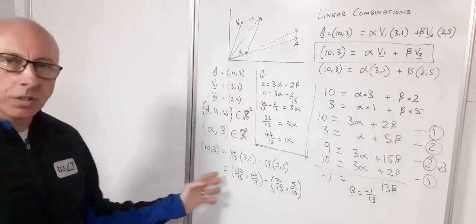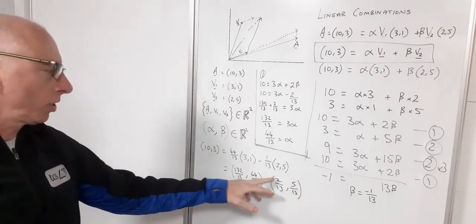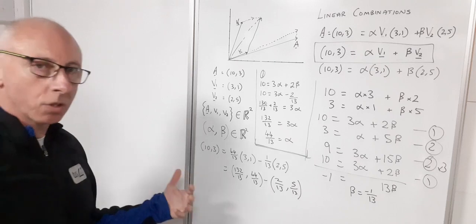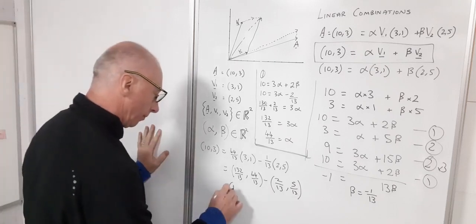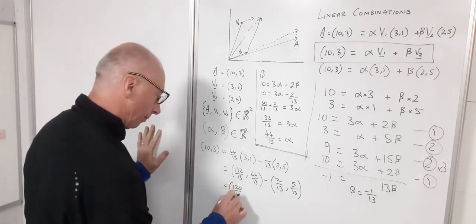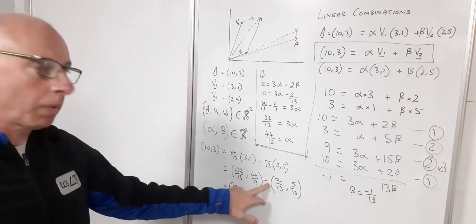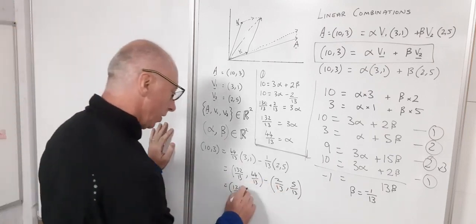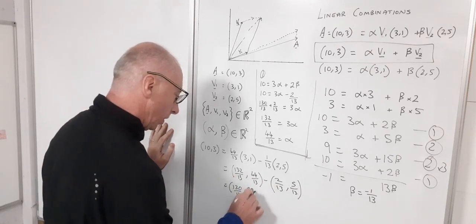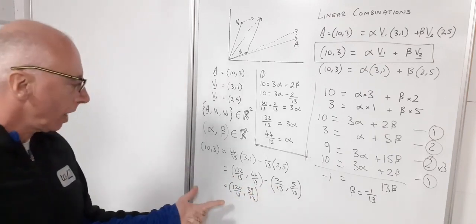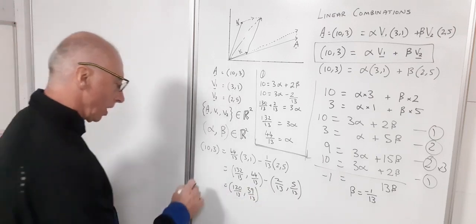Okay, so let's check this out. 132 minus 2 over 13 gives me 130 over 13. And 44 over 13 minus 5 over 13 gives me 39 over 13. And knowing my 13 times table, that gives me 10, that gives me 3.